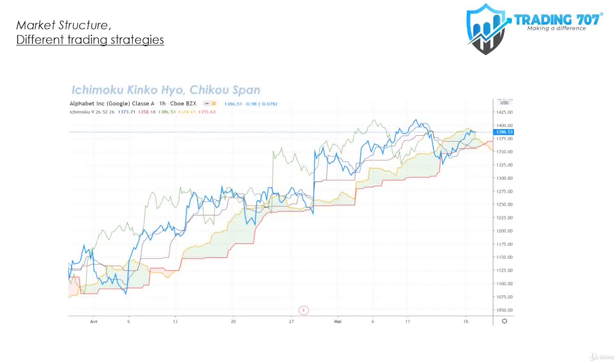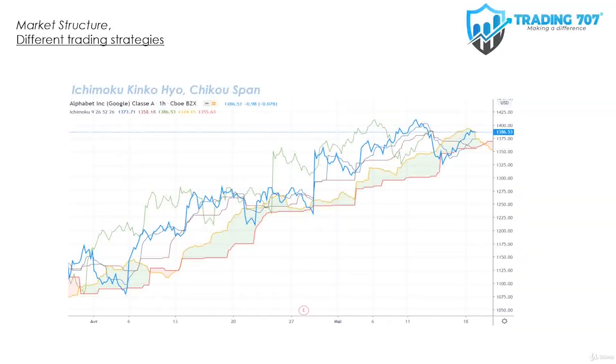Let's start with the Chikou span component. As seen previously, the Chikou span is a curve corresponding to the closing value of a stock, shifted 26 periods backwards. This curve is mainly used as a filter in order to validate the signals obtained by the other lines.